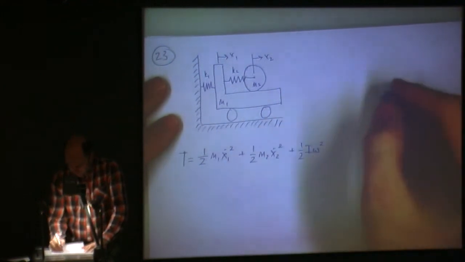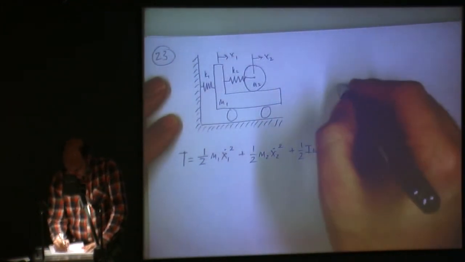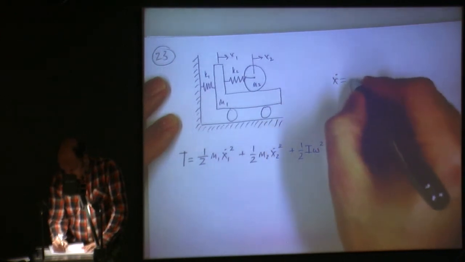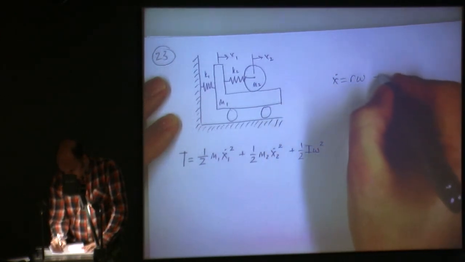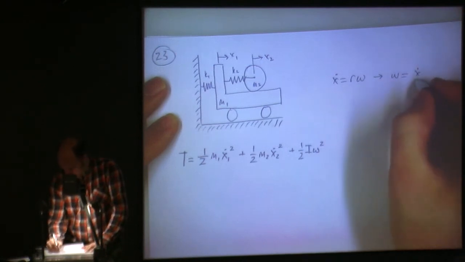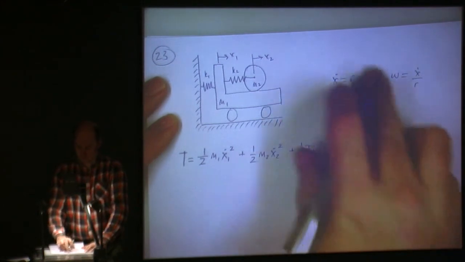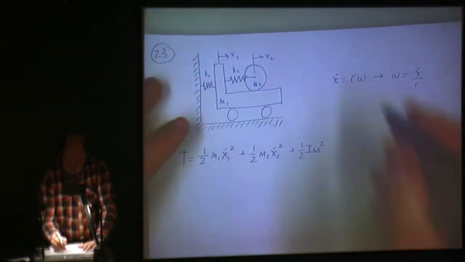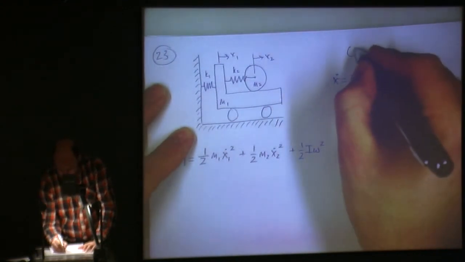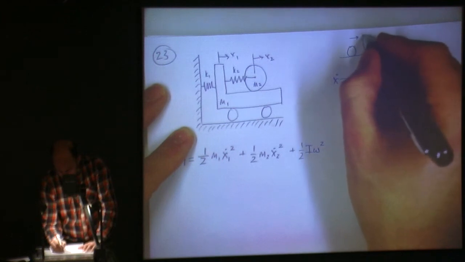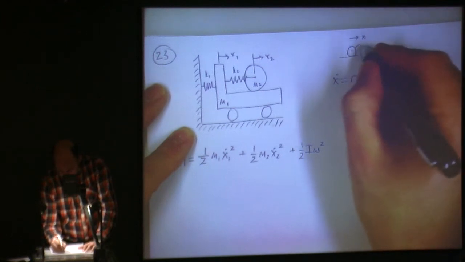Now it's worth thinking about what omega is. We know that x dot is r times omega, therefore omega is going to be x dot divided by r. That's the basic equation from level 1 dynamics. If you've got something circular that's moving along at velocity x dot with a radius r, then obviously it's going to rotate at omega.